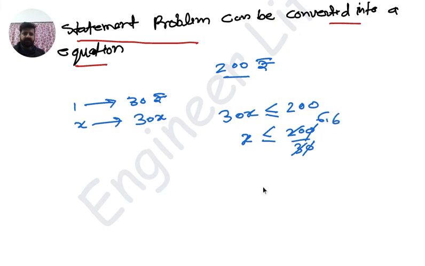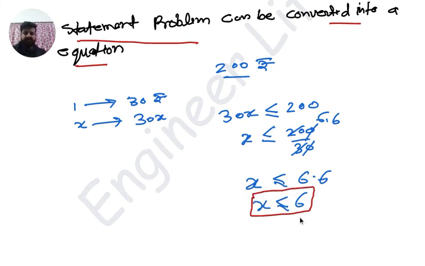So the value of x will be less than or equal to 6.6, and the quantity cannot be in decimals, so I will say x is less than or equal to 6. So you can purchase 6 quantities or less than 6 quantities. So that was our answer.